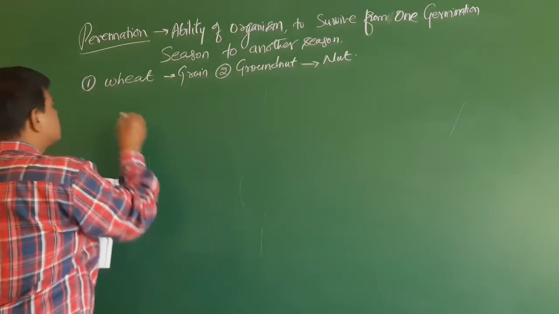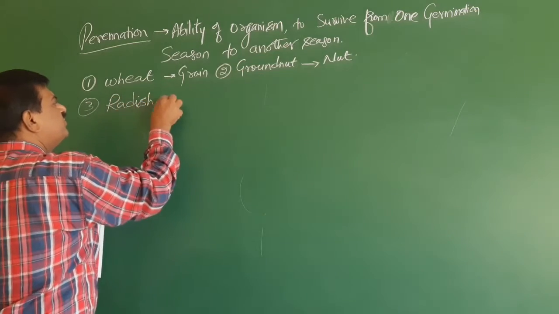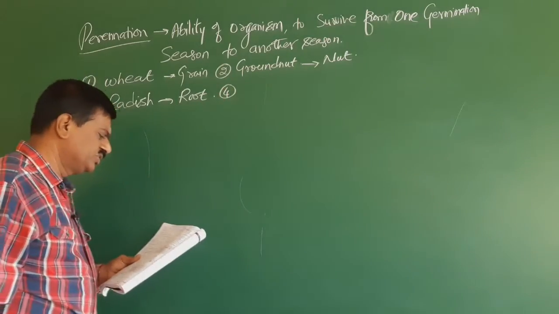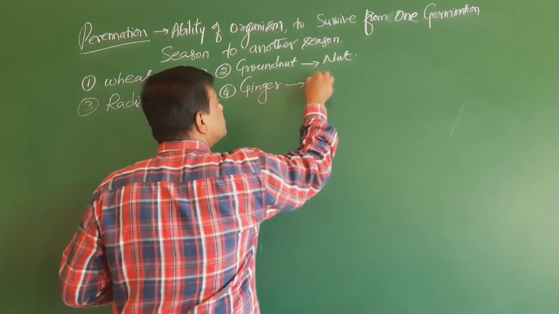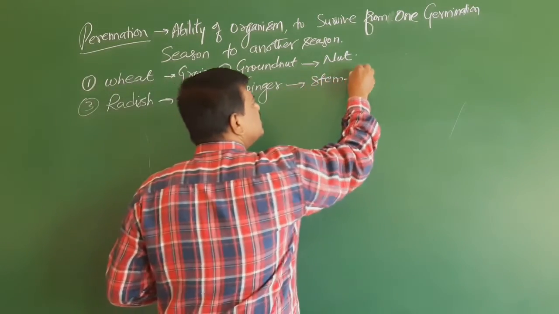The third one is radish. Here a root modification can be noticed. And the next one is ginger, here there is a stem modification, an underground stem called rhizome.